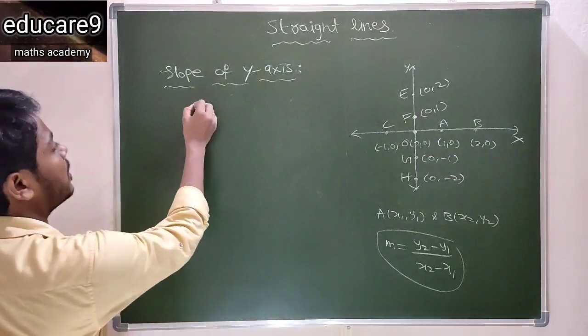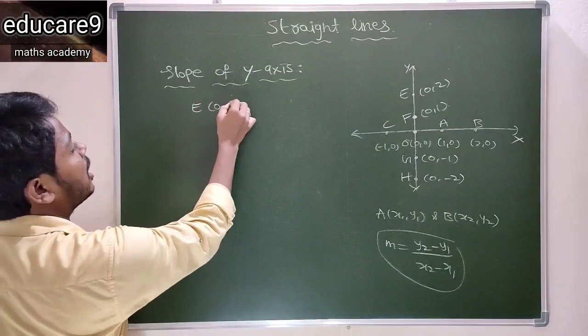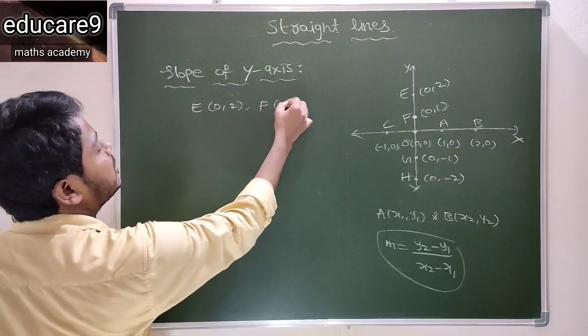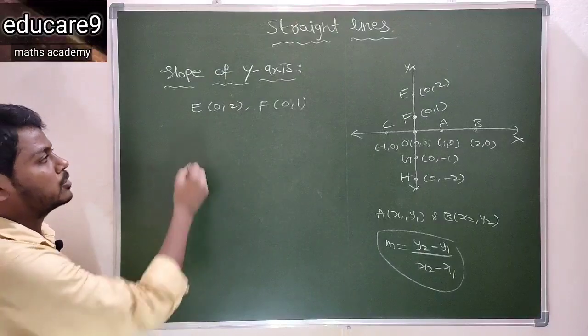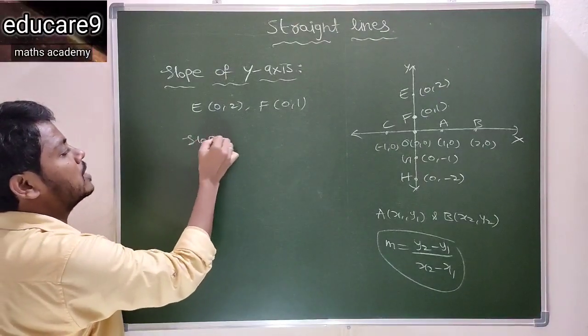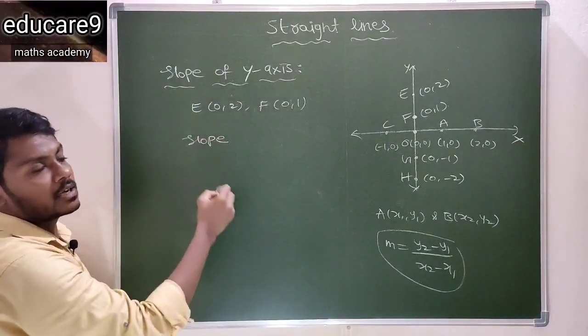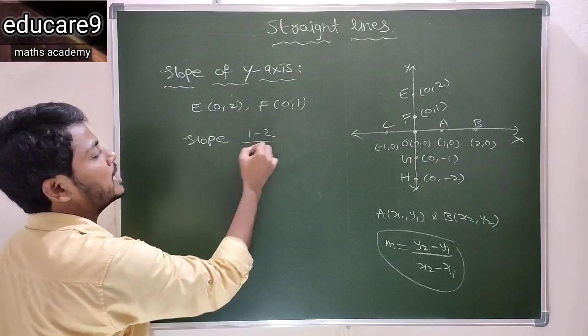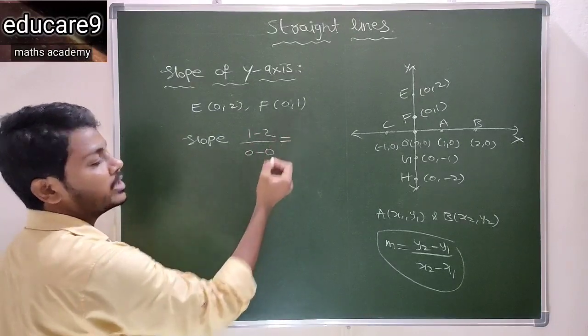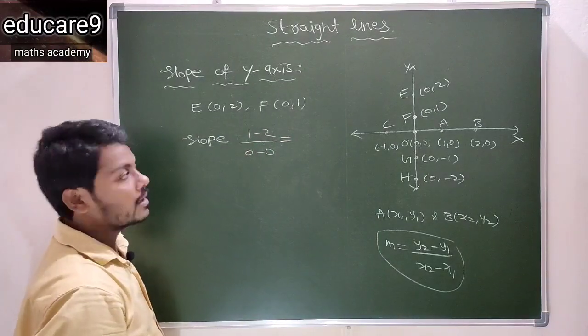So see here, for example, E 0, 2, F 0, 1. So find the slope. So slope is equal to what? Difference of y coordinates, 1 minus 2, by 0 minus 0. So clearly, this is undefined.